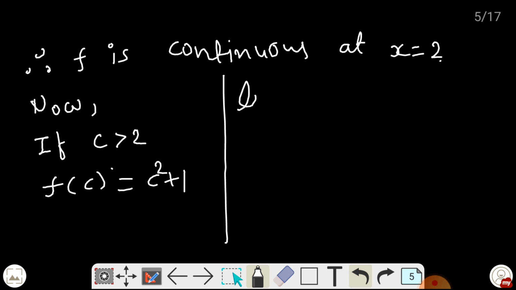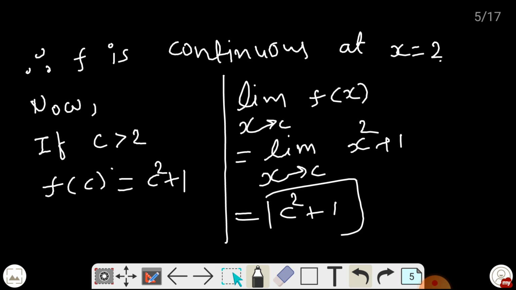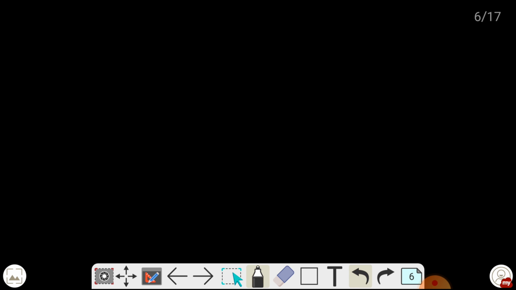And limit x tends to c f of x is equal to limit x tends to c x square plus 1, which is equal to c square plus 1. So here you can see that our f of c is equal to limit x tends to c f of x.